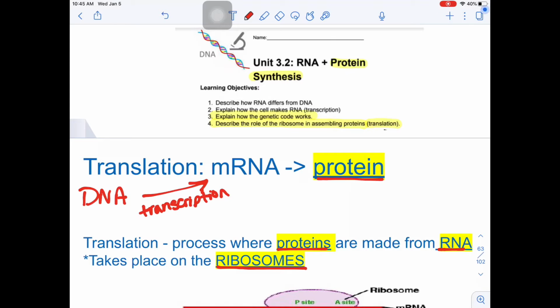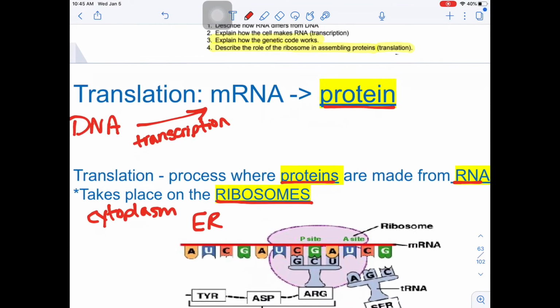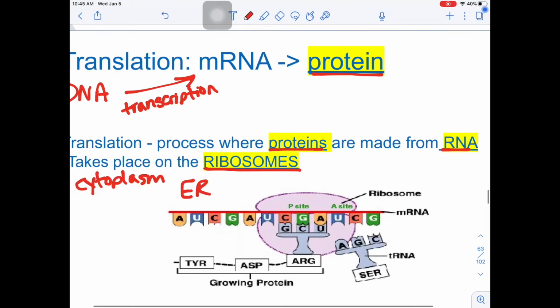Ribosomes are a cell structure, a cell organelle, that can be found in the cytoplasm, or they can be attached to the endoplasmic reticulum, or we call the ER. A ribosome is actually made up of two parts. You can kind of see it in this picture here. We have the top part here, which is called the small subunit, and then we have the bottom piece here, which is the large subunit.